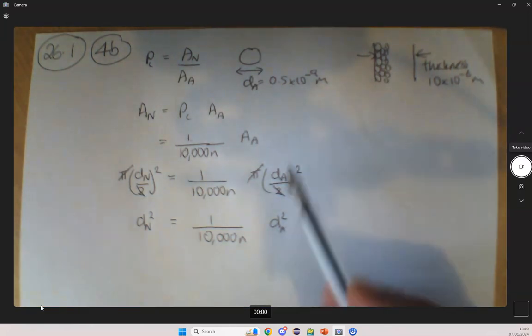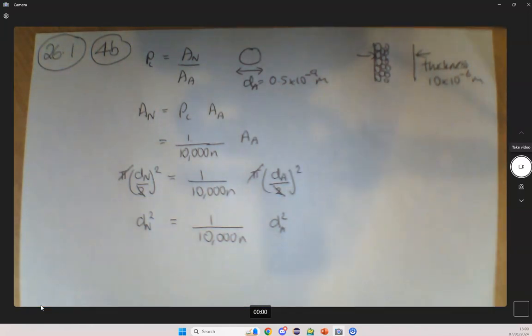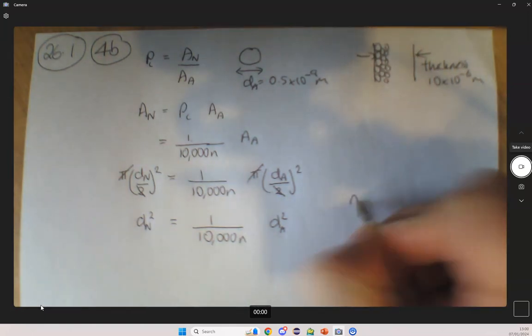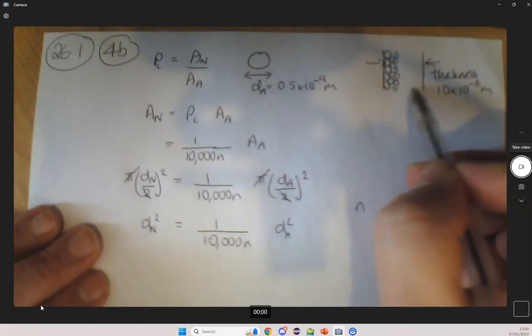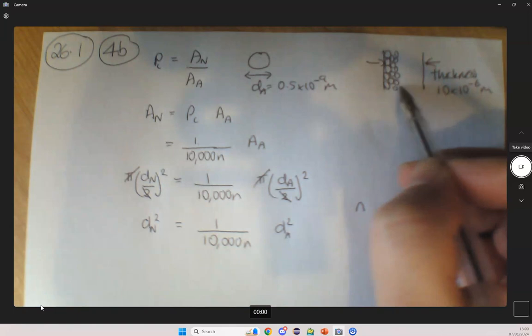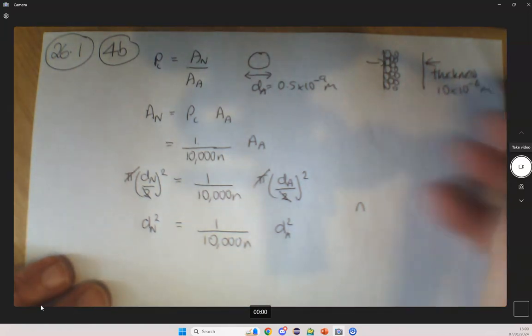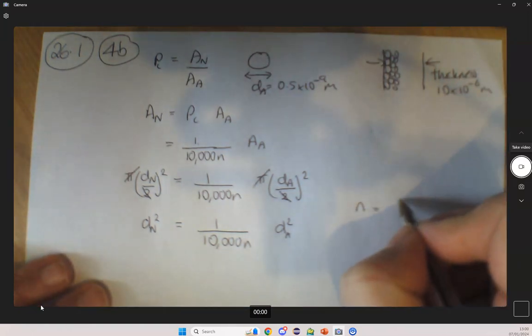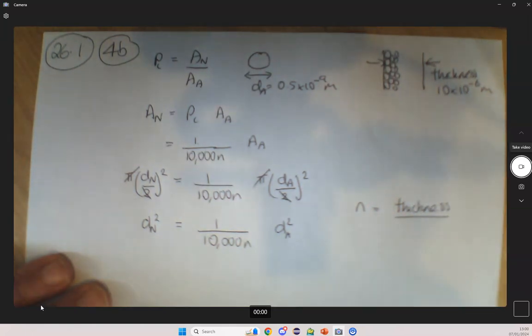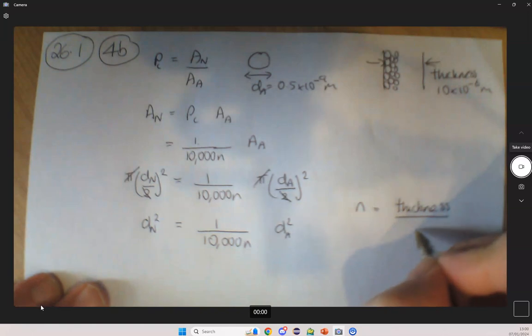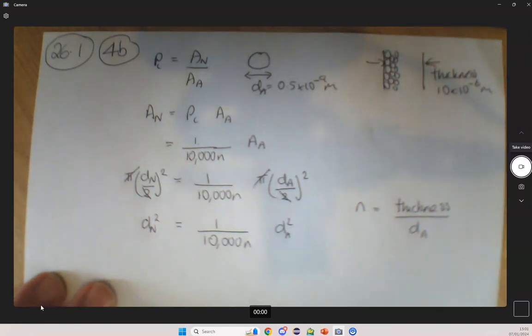Now I know the diameter of the atom, I was given that. The only thing I don't know is n. Now n is the number of rows of atoms making up this piece of metal. So the number of atoms is going to be the thickness of the metal divided by the diameter of one of the atoms.